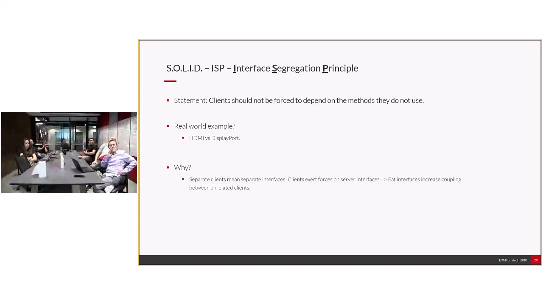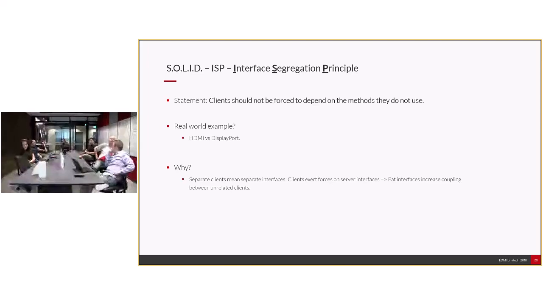Why? Separate clients need separate interfaces. If a particular client implements an interface that it is not related to, it might end up taking a dependency on that interface without using it. Subsequently, when it changes, there's going to be a transmission of force through that interface that the client did not need to depend on in the first place.